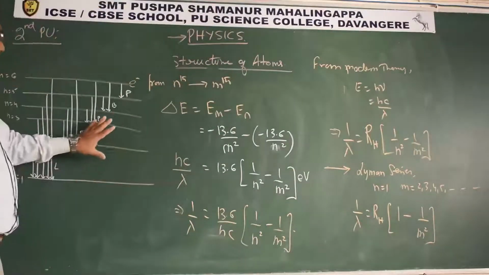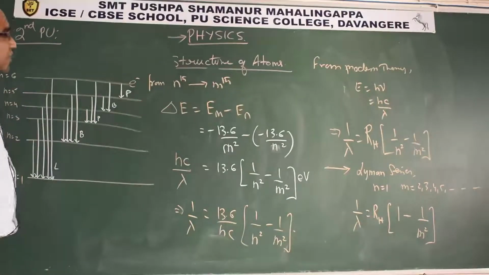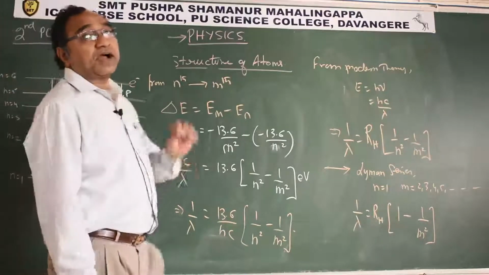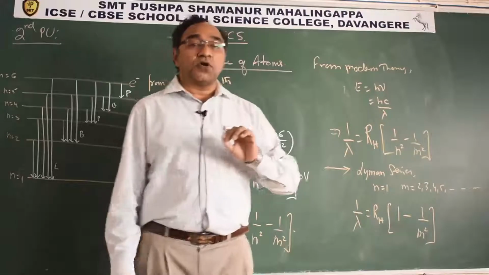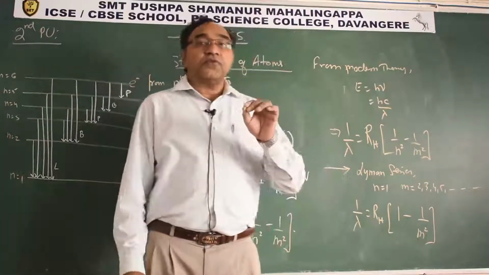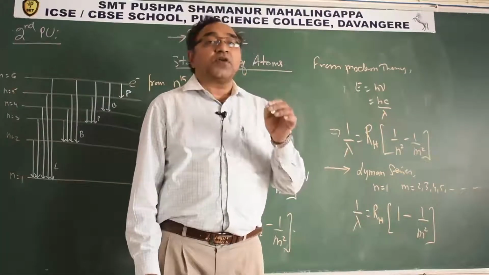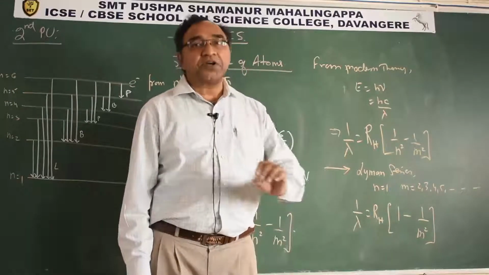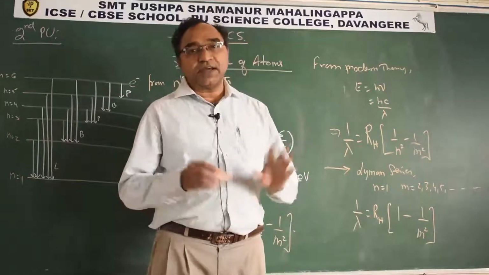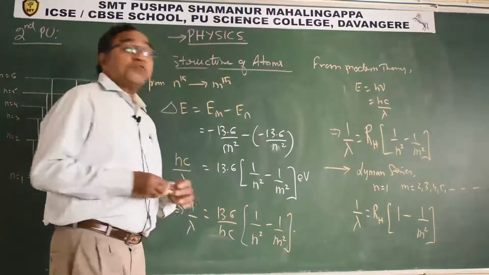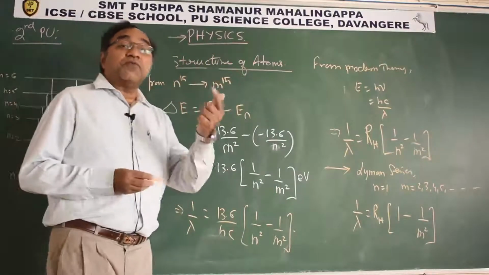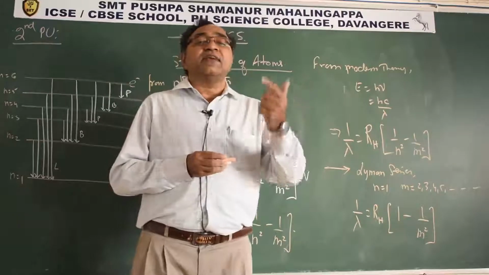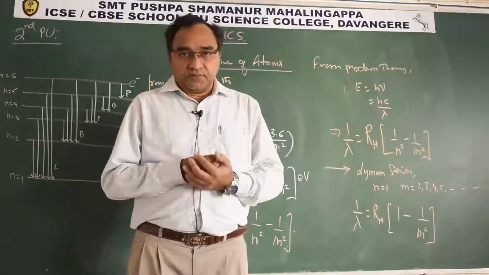So students, this is exactly how we can understand the structure of atom based on Rutherford's model and the Bohr's model. Now what type of question will come from this chapter? Bottom line, right? You are waiting for that only, I guess. The first type of question is, which is the longest wavelength in, let us say, Lyman series?